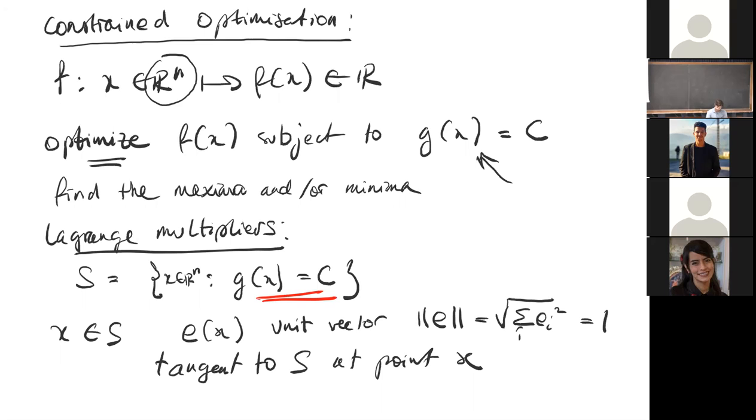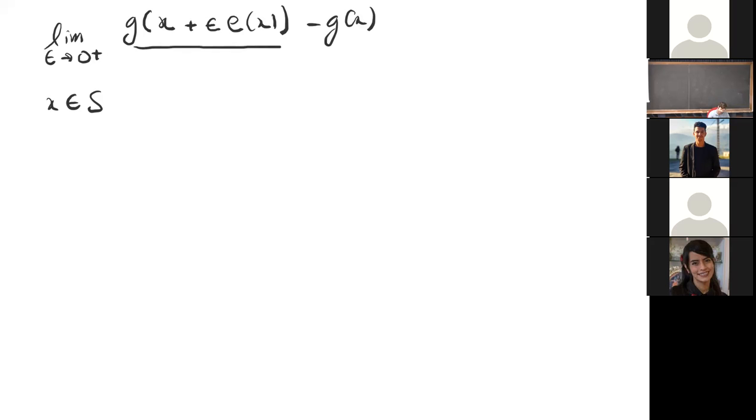How to translate that mathematically? It means that if you take the derivative, or the vectorial generalization of a derivative, here I take a small number epsilon that goes to 0, and I look at the function evaluated on my point x, where x still belongs to the surface, plus my epsilon times my tangent vector, minus g of x, over epsilon.